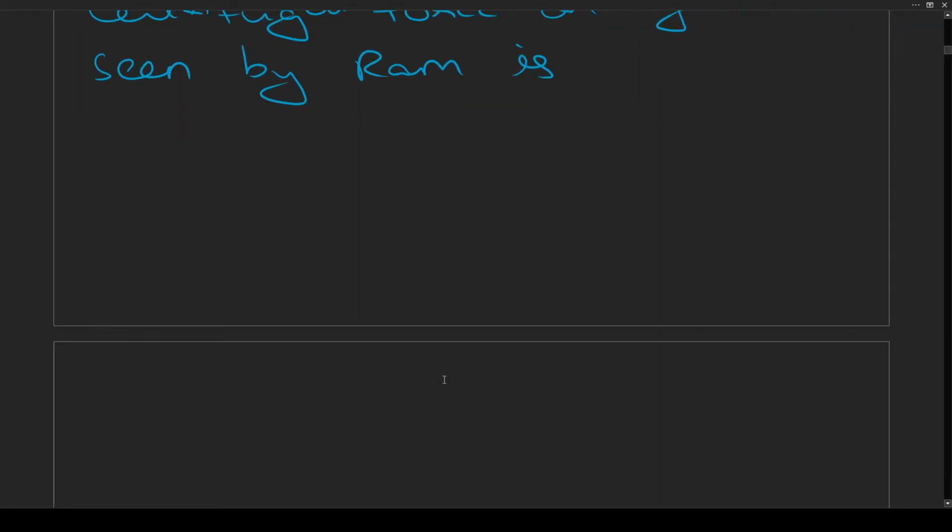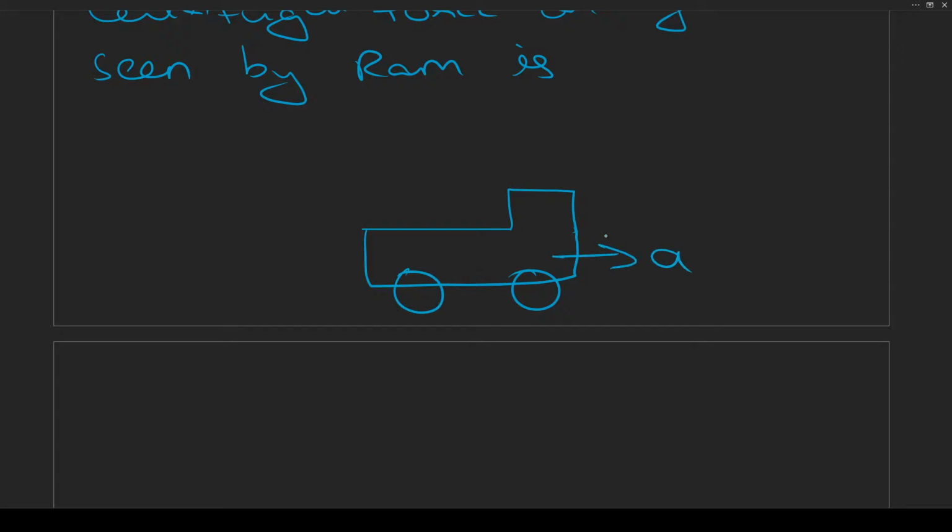the diagram is something like this. This is a truck. It is moving with acceleration A. There are two rods here.